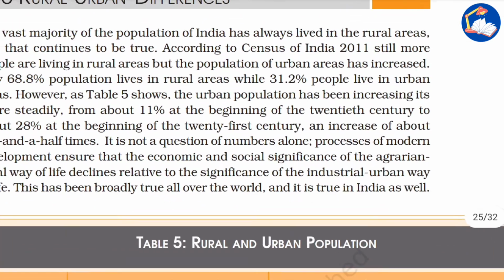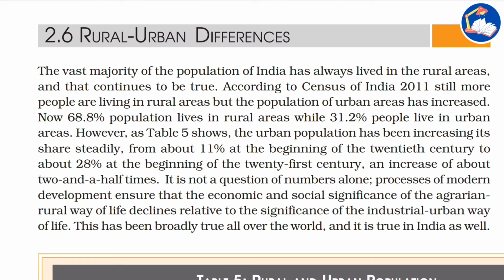Now we'll look into rural and urban differences. The vast majority of the population of India have always lived in the rural areas, and that continues to be true. According to the Census of India 2011, still more people are living in rural areas, but the population of urban areas has increased.